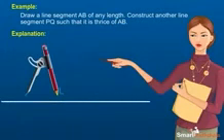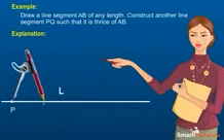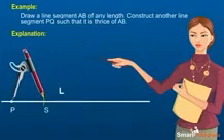Draw any line L. Choose a point P on L. Without changing the compasses setting, place the pointer on P. Step 3. Mark an arc that cuts L at a point, say S. Now, PS is a copy of AB.